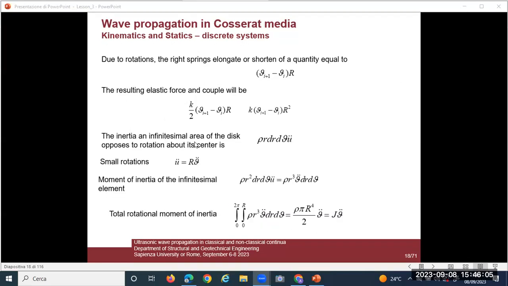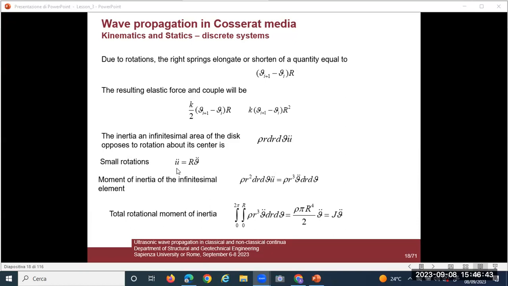The inertia of an infinitesimal area of the disk opposes rotation about its center: it is rho, the density of the disk, times its area, times the second derivative of the displacement.